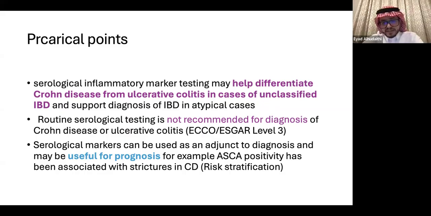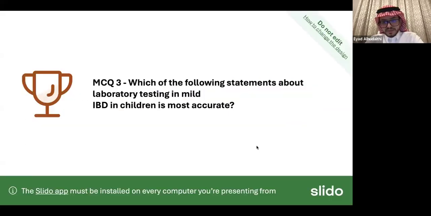Serological markers can be used as an adjunct to diagnosis and are useful for prognosis. For example, and this is very important information, if you diagnose a patient with Crohn's disease and he has a high ASCA, you can anticipate that he might develop stricturing disease. So it's one of the important risk stratifications as well.